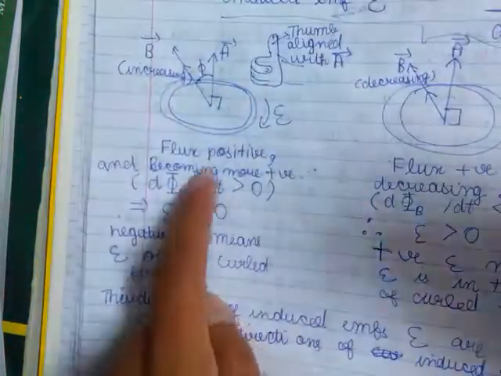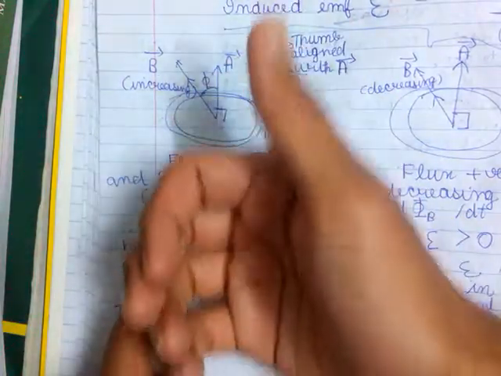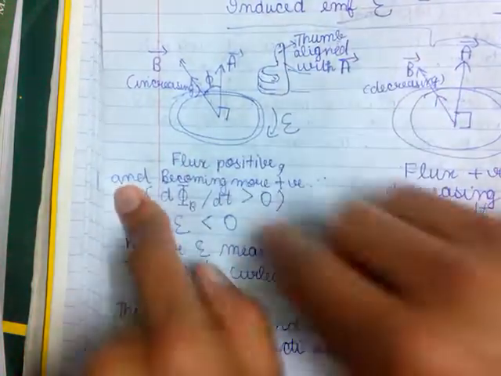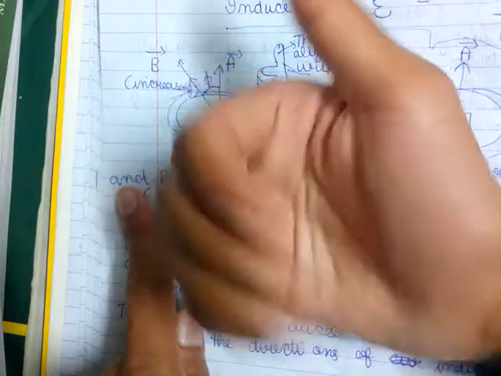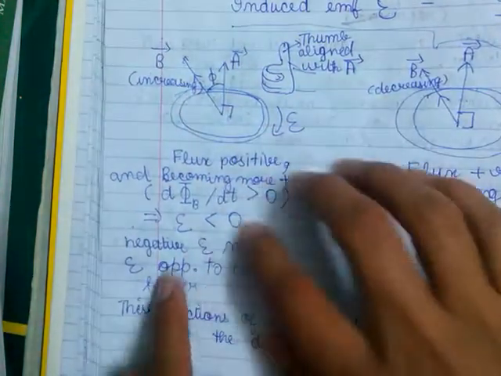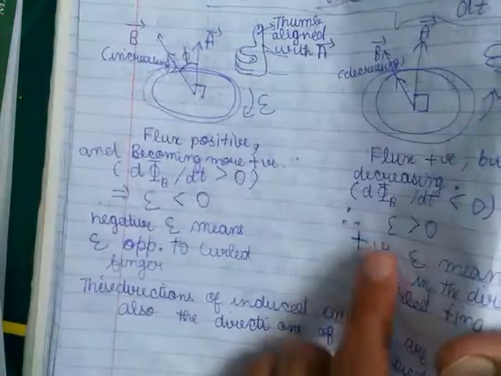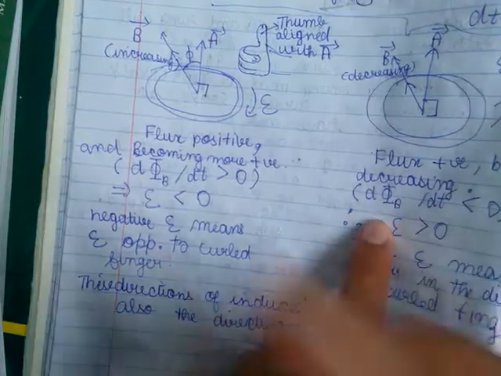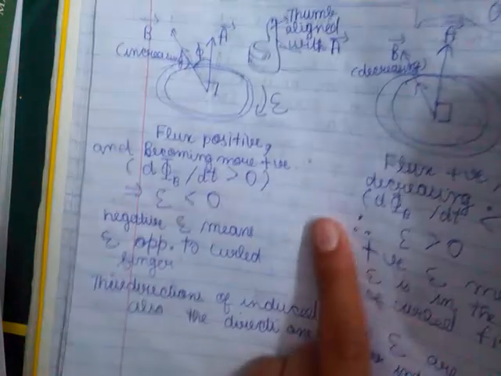What we mean by a negative EMF is that in whatever direction you chose the area vector, the direction in which your fingers curl, you take the opposite of that direction, and that would be the direction of EMF if the EMF is negative. If the EMF is positive, then you retain the direction in which the fingers curl and call that the direction of induced EMF or the induced current.